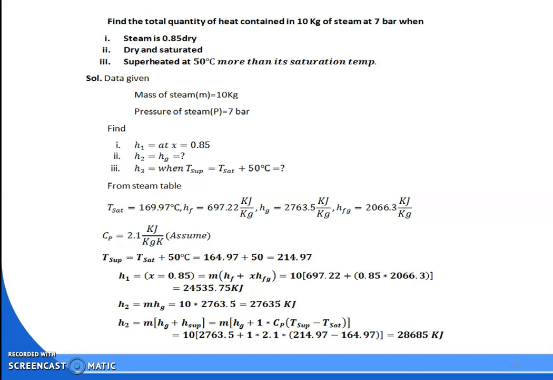A steam may be a wet steam, a dry steam, or a superheated steam, and like this we can solve many more problems. In the lecture notes I have given some more problems, all numerical solved problems. You can follow all those.